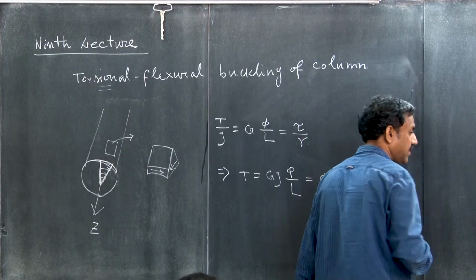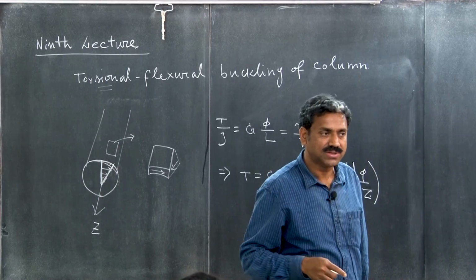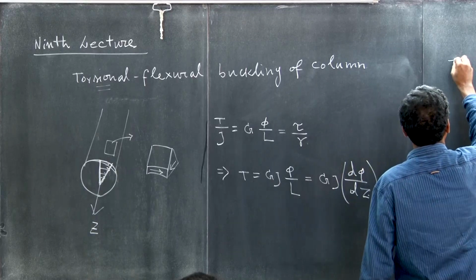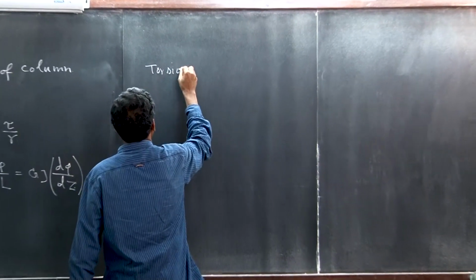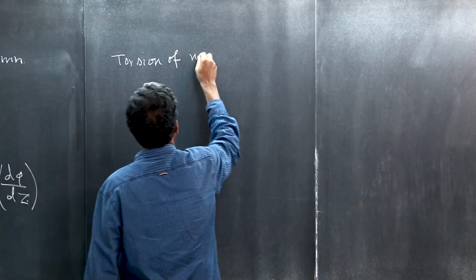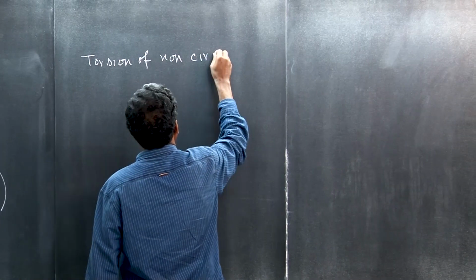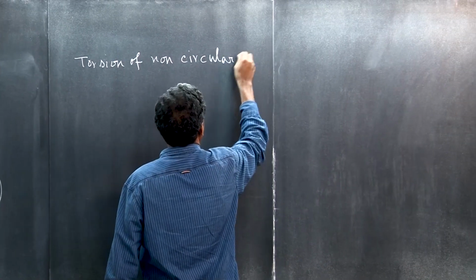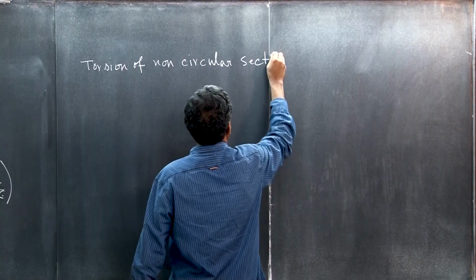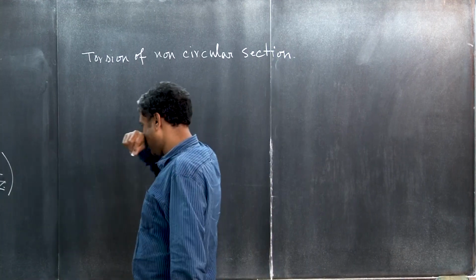The problem is that this was the torsion of a circular section, but as soon as it is a non-circular section, torsion of non-circular section, all these assumptions are no more valid.